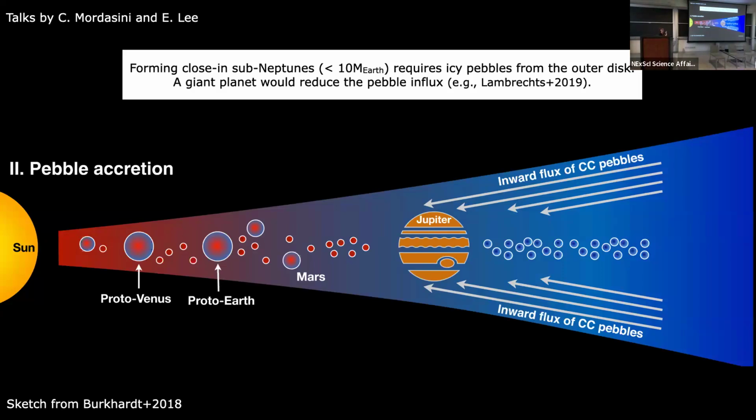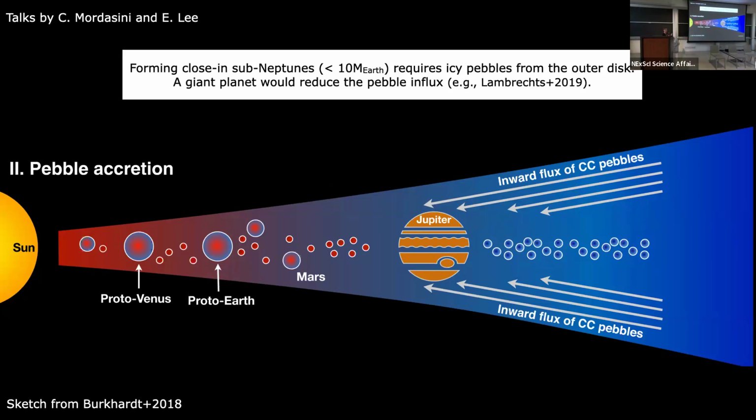So more information from the talk of Christoph Mordasini and also Ivli, but pebble accretion in a nutshell needs pebbles, so it needs these small grains that we are able to detect with ALMA to move inward and increase the amount of solids to then form quickly the planets.